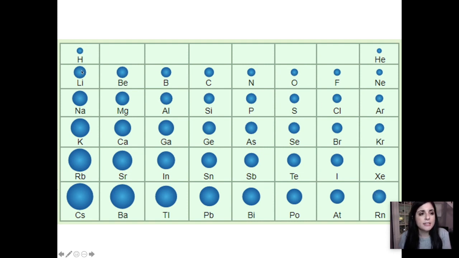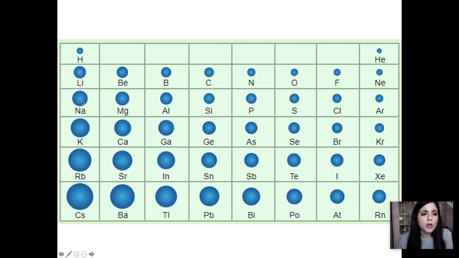As I go down a group, we are adding energy levels, adding shells, and therefore your atoms are going to get much larger. Hydrogen and helium only have one shell around them. Lithium through neon have two shells. This period has 3, 4, 5, and cesium's period has 6 shells around it. So that's a pretty easy trend.